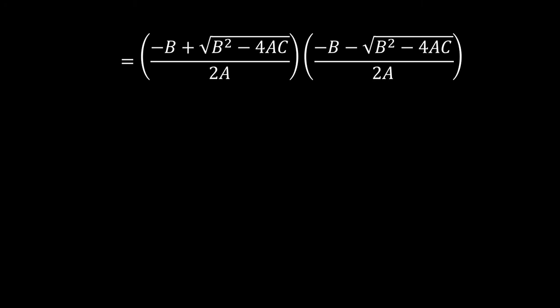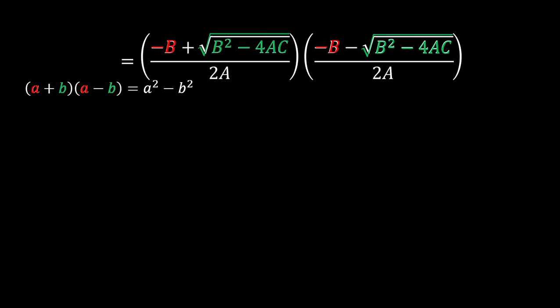So what I will do is, I will apply the product of sum and difference, which is this. So the a will become the negative b, and the b will become the square root of b squared minus 4ac. So the result of the product of sum and difference is just the square of the a, and then the operation is always negative, always minus, and then I will square the b.